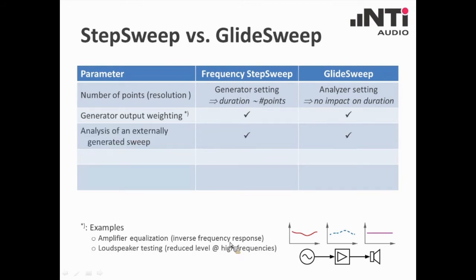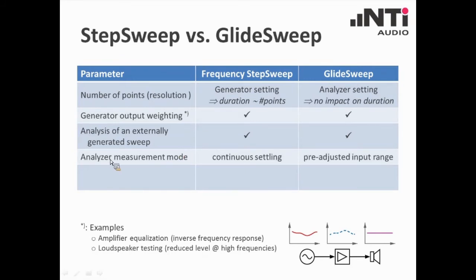Another parameter would be the analysis of an externally generated sweep. That means that here the generator signal does not come from the test instrument itself, but for instance from the device under test or from some external generator which is located remote. Anyway, both sweep types can handle this application.